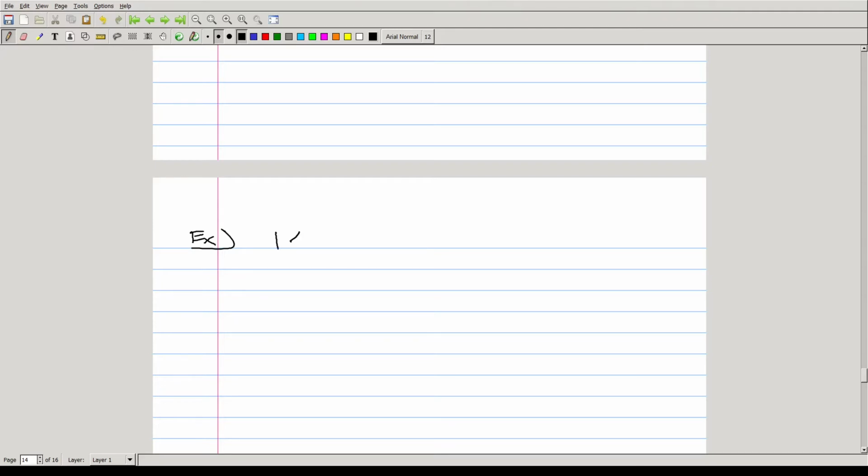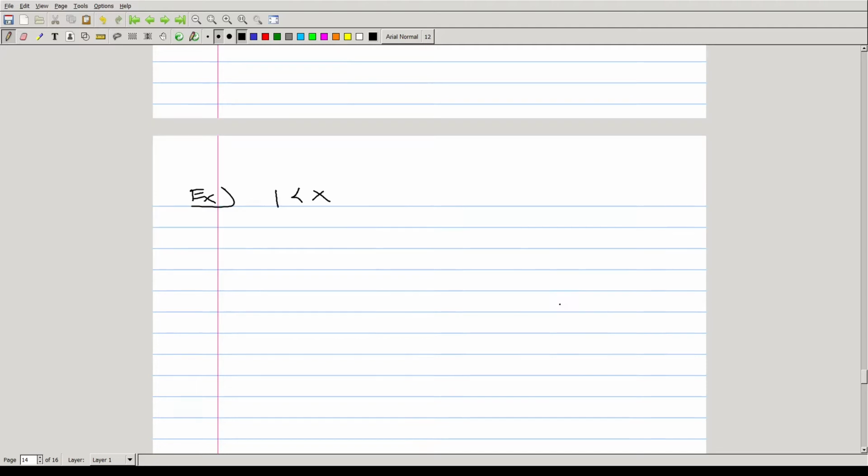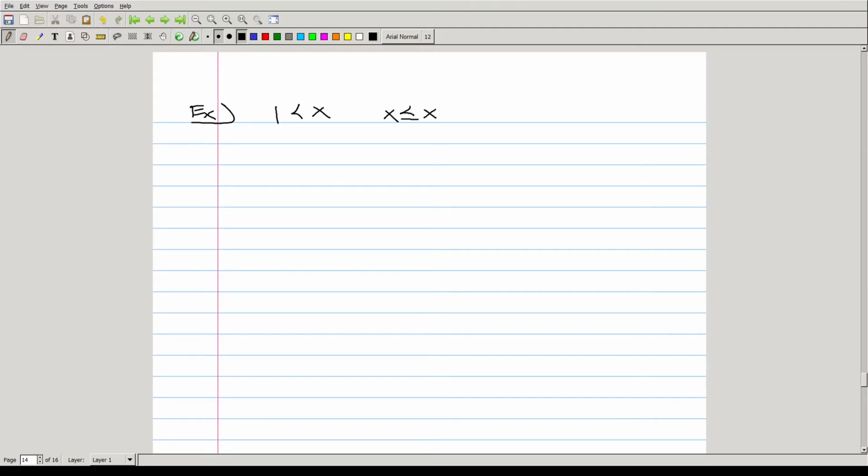I recommend going through and doing it yourself to show that the constant function 1 is strictly dominated by the function x. And we showed that any function is dominated above by itself by definition, because this is a reflexive relation.